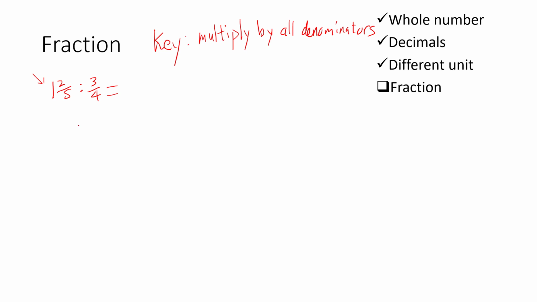Of course, you can multiply by 10, you can multiply by 1000, you will get a whole number. But pick a number that is easy to use. The key is multiply by denominator, and that is what I will do. I will multiply both sides by the denominator.